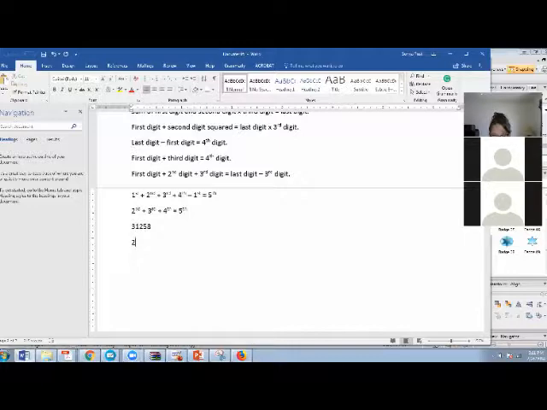The second digit plus the third digit squared. And no brackets. Squared only the third digit. Equals the fourth digit.